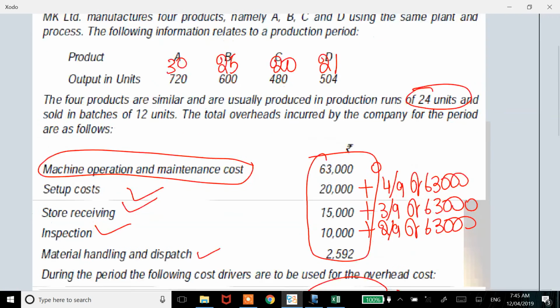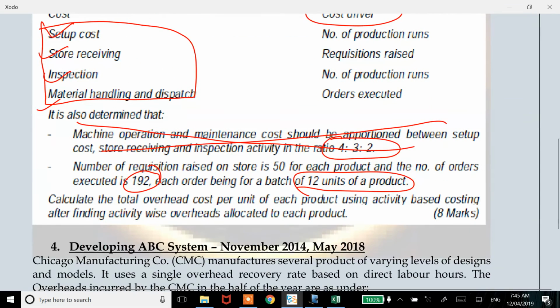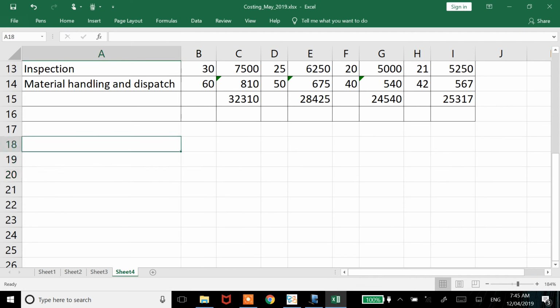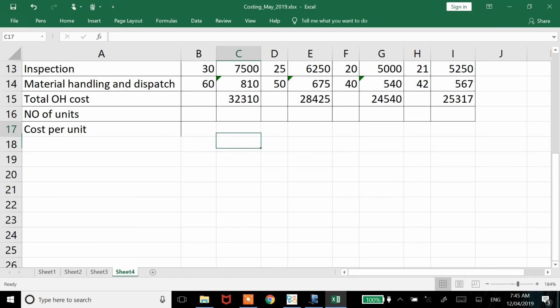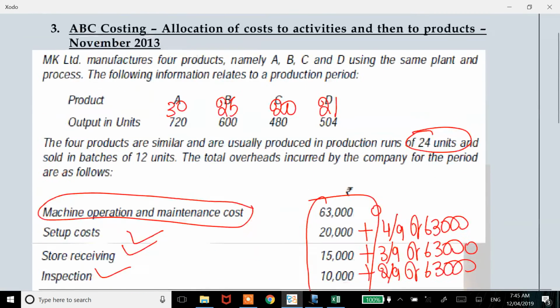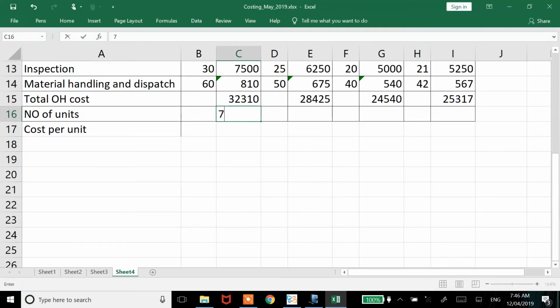The question's requirement is to calculate the total overhead cost per unit. So we'll divide by the number of units and get the overhead cost per unit. So next line, this is the total overhead cost. Any doubts on this? Number of units and cost per unit. Number of units is 720, 600, 480, 504.